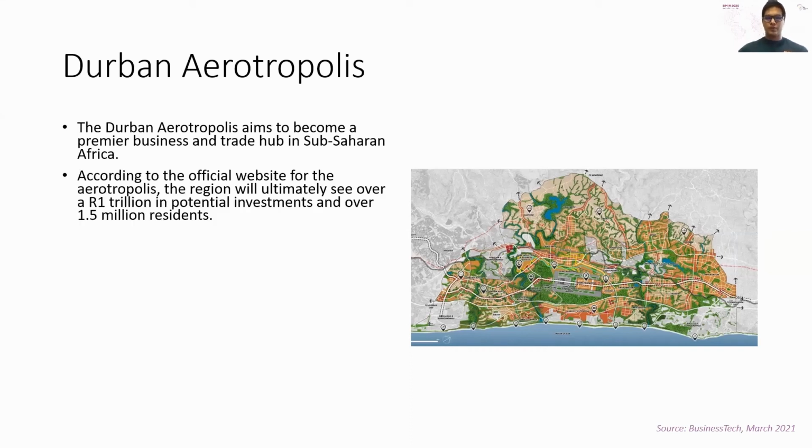So according to the official website, you can always read up on this on Business Tech. According to the official website for the Aerotropolis, the region will ultimately see over 1 trillion rand in potential investments. That is a lot of money, and over 1.5 million residents. So a lot of generation in terms of economic growth, as well as housing a lot of people.